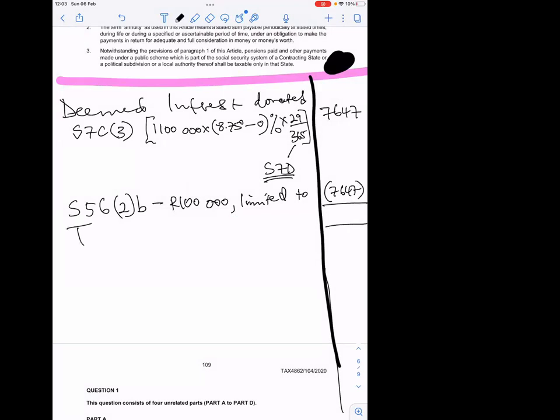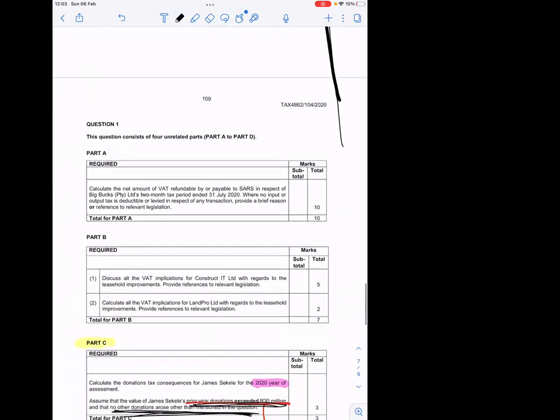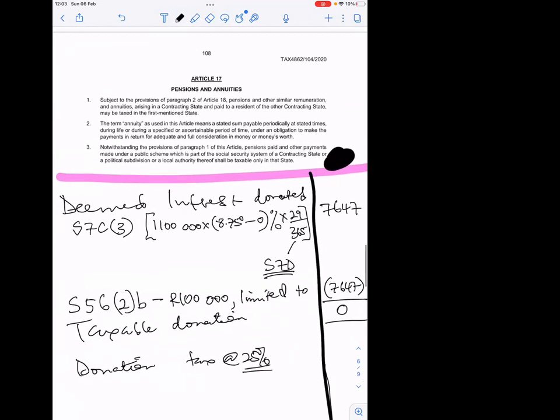So that takes us to the taxable donation of how much? Taxable donation of 0. That gives us a donation tax at 25% because they've indicated to you that the cumulative donations have exceeded 30 million. That's what the examiner was interested in seeing there.